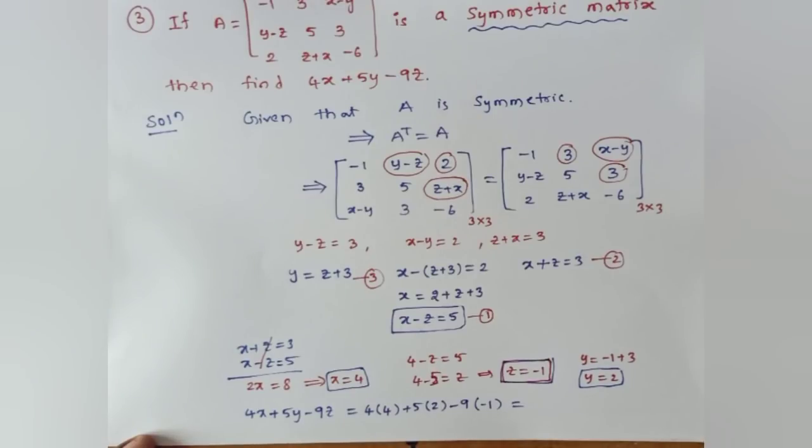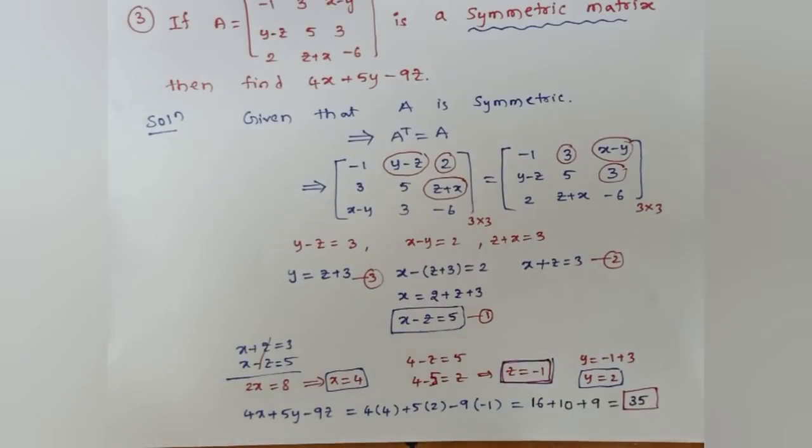So it is 16 plus 10 plus 9. Finally, the value of this expression is 35.